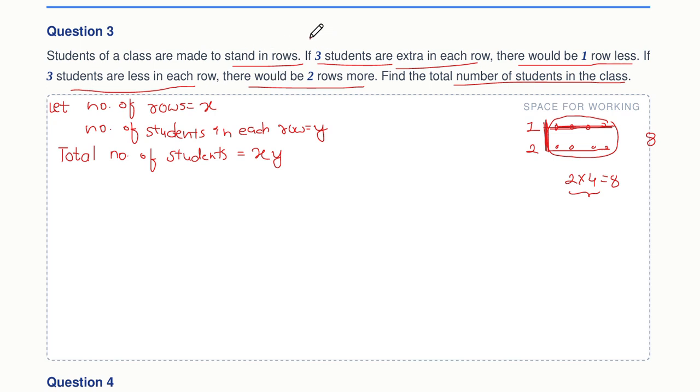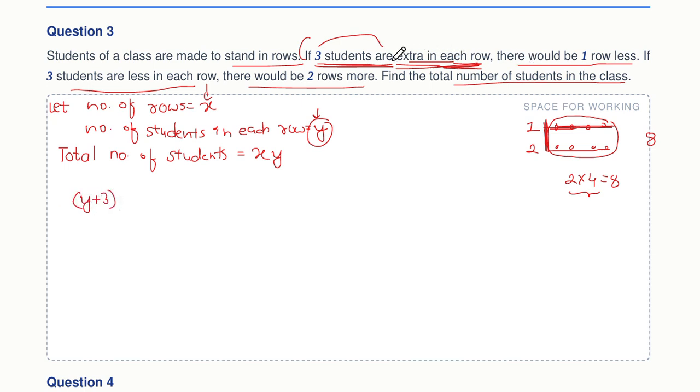So start with the first statement. If 3 students are extra in each row, so number of rows is x and number of students in the row is y. Okay. So 3 students are extra in each row. So number of students in the row is y. So 3 students extra means plus 3, which is y plus 3.